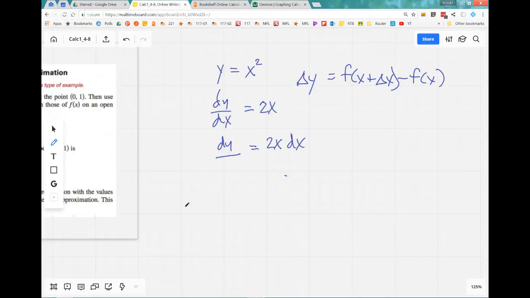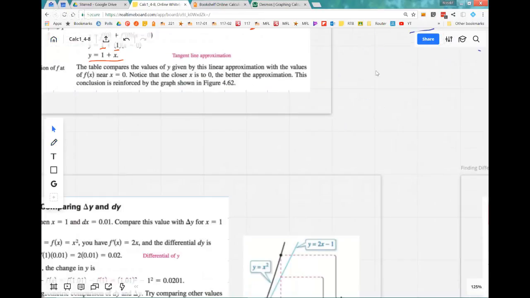So delta y and dy are slightly different. Delta y is the height of the new point minus the height, it's just the change in y. dy is this derivative taken apart. So you're going to see us comparing dy and delta y. All right, now let me go back to where we were.